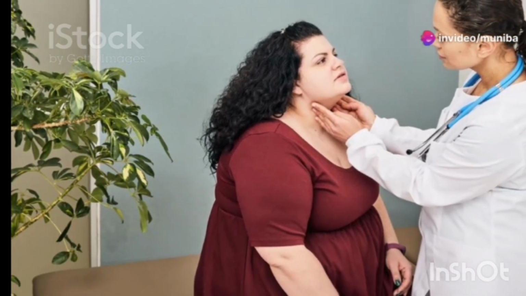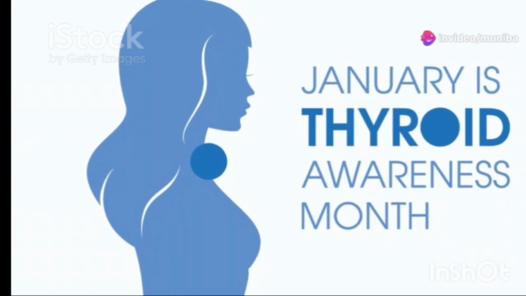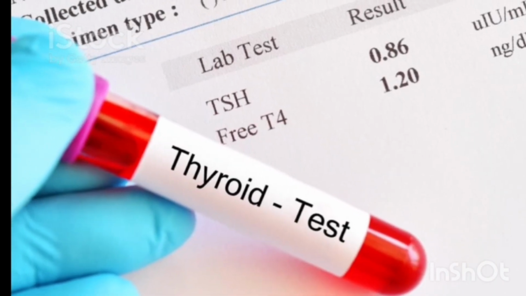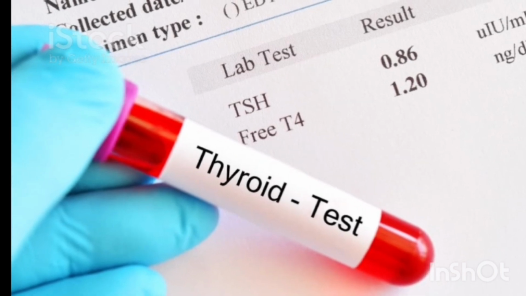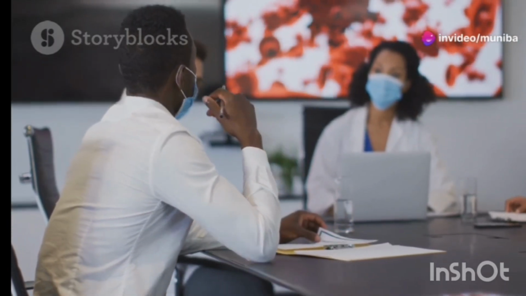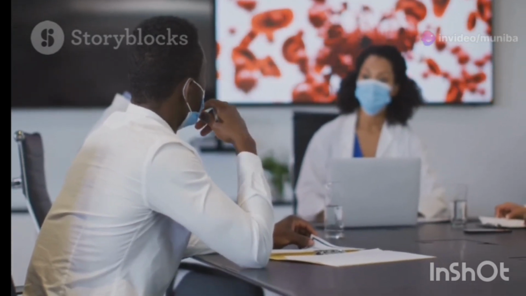The American Thyroid Association, or ATA, provides clinical practice guidelines for the diagnosis and management of hypothyroidism, ensuring best practices. These guidelines are regularly updated to reflect the latest scientific evidence and advancements.